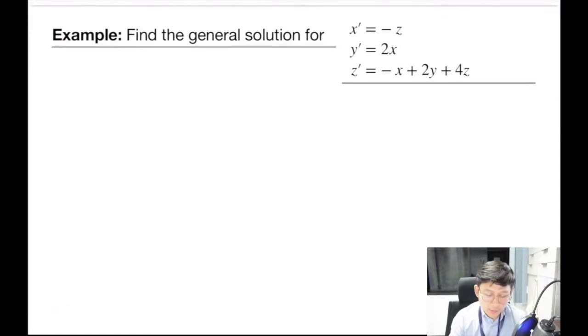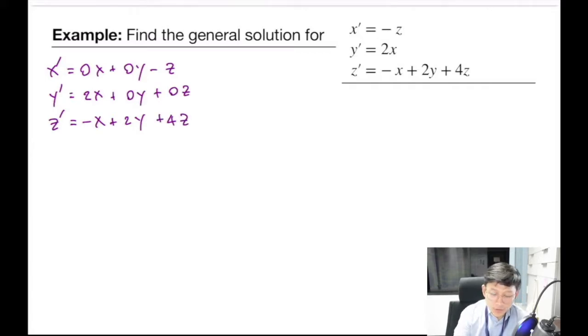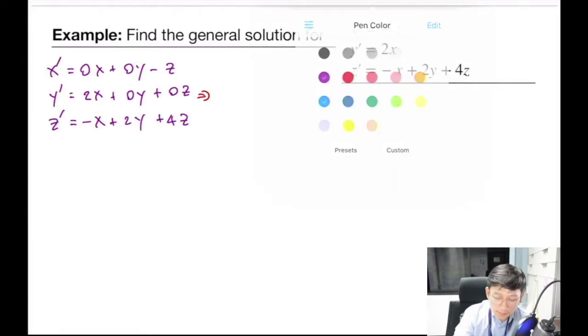I can write it down in terms of x prime is 0x plus 0y minus z, and y prime is 2x plus 0y plus 0z, and z prime is minus x plus 2y plus 4z. So if we want to write that down in the matrix form, it would be, what is it?